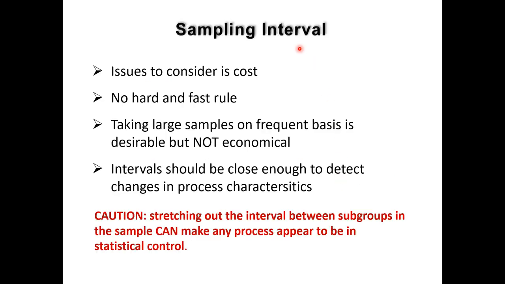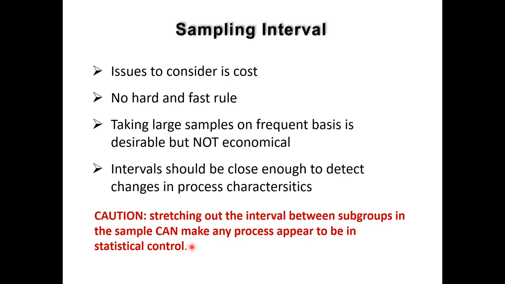Again, if you talk about the sampling interval, the issue is cost. There is no hard and fast rule. You must always know that a large sample is not economical. It is desirable but not economical. Intervals should be close enough to detect changes in process characteristics, as I explained just now. Stretching out the interval between subgroups can make any process appear to be in statistical control.